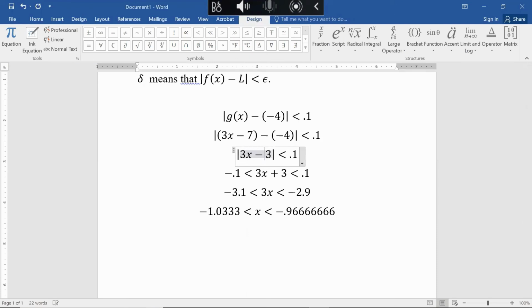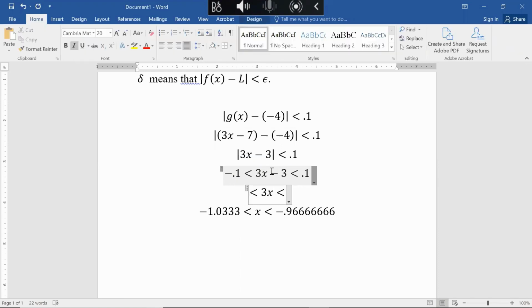Whoops, I just realized something. I messed up way back up here, didn't I? -7 plus 4 is a -3. So before I get any further, that's silliness. I knew something was coming out funny there. So I'm going to have to add 3 to both sides.